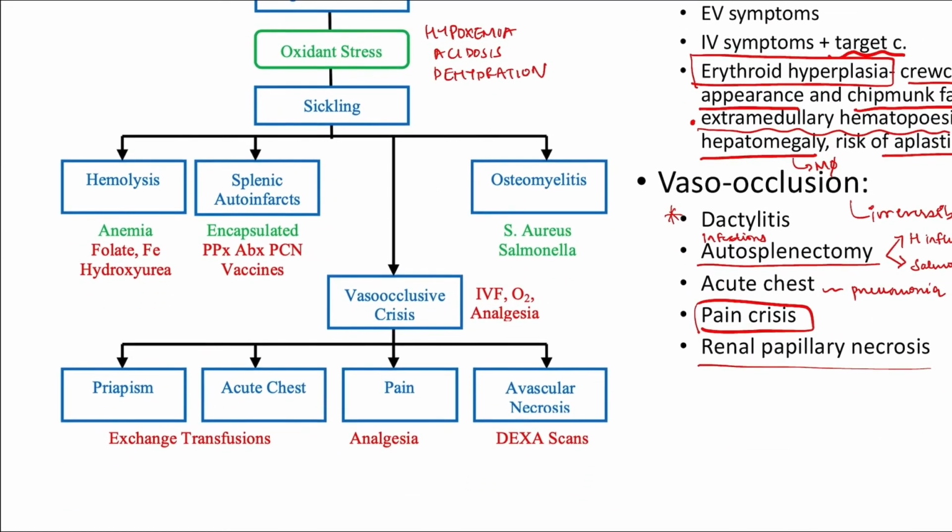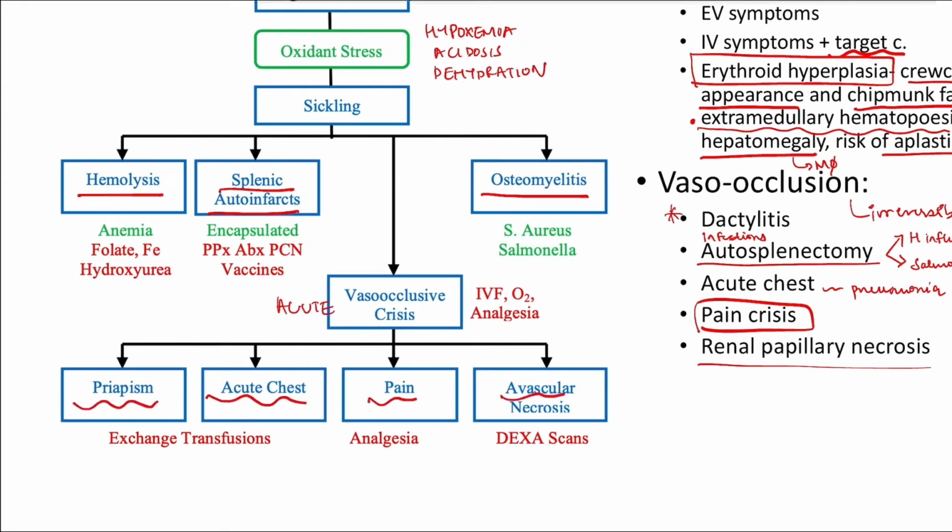And basically what happens with that is you'd have hemolysis, you'd have splenic autoinfarcts from the vasoocclusion, as well as osteomyelitis because of autosplenectomy. And a more acute version of this would be the vasoocclusive crisis, which could present with priapism, acute chest pain, and avascular necrosis of the bone.